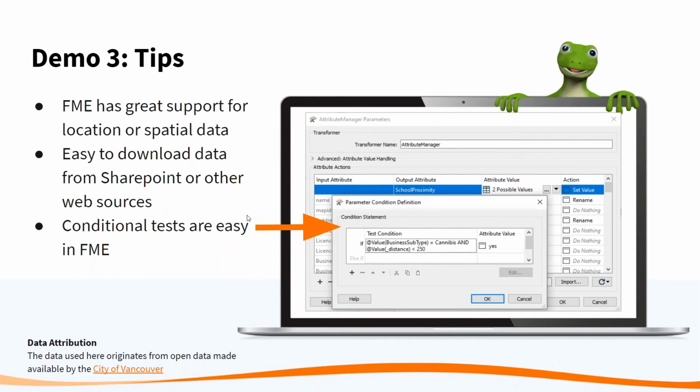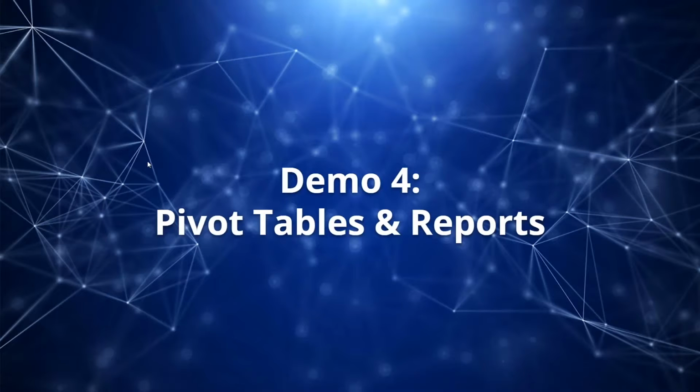Tips there in that demo: nice conditional testing in FME to set different attribute values if that's appropriate, and it's easy to download data from your SharePoint or other web sources. Of course, one of the real strengths of FME is that we have great support for locational spatial data, so you should really take advantage of that if that's part of your workflow.